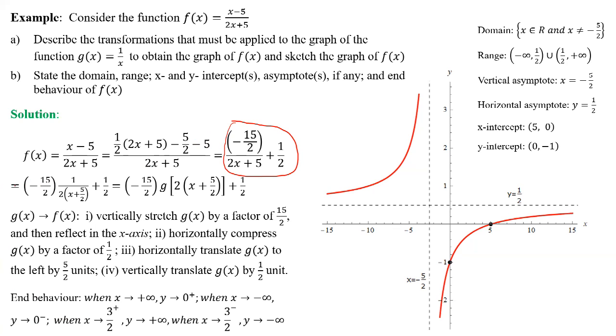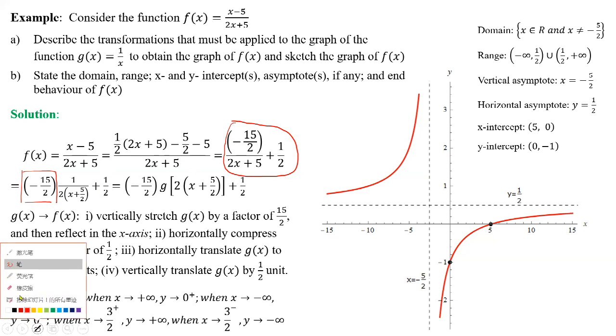And as you can see, we can put the minus 15 over 2 in front, and the denominator can be rewritten as 2 times (x plus 5 over 2), and then plus 1 over 2, right?